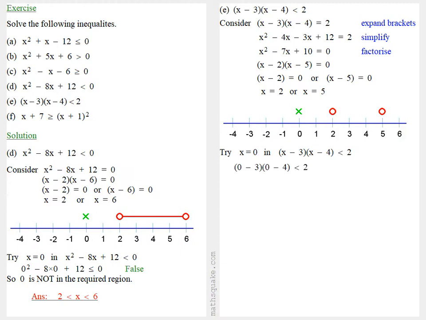This gives us 0 minus 3 times 0 minus 4 is less than 2. In other words, minus 3 times minus 4 is less than 2. 12 is less than 2. That's false. So 0 is not in the required region. So we shade between the 2 points, which means x lies between 2 and 5, or 2 is less than x, which is less than 5.